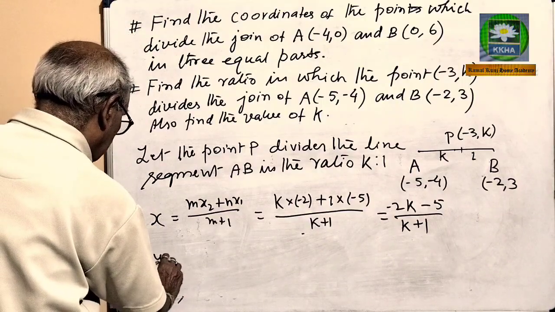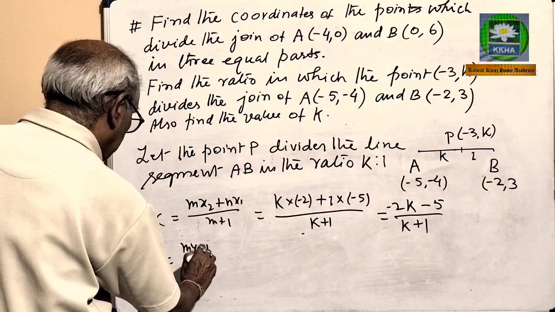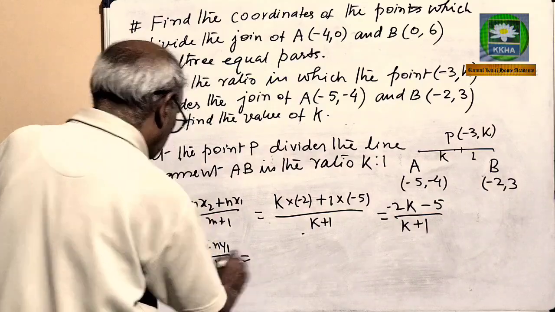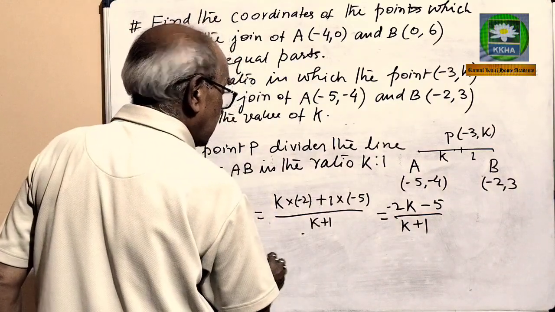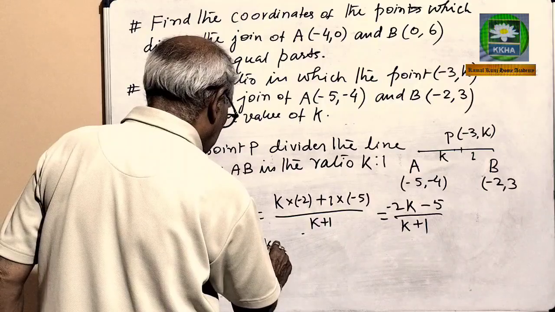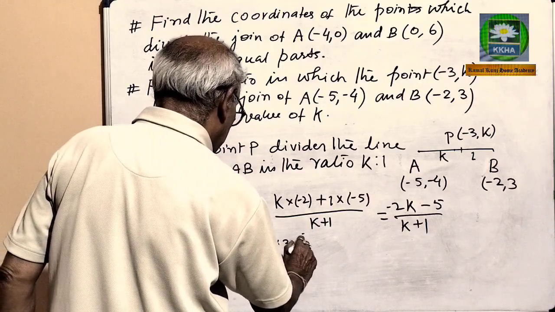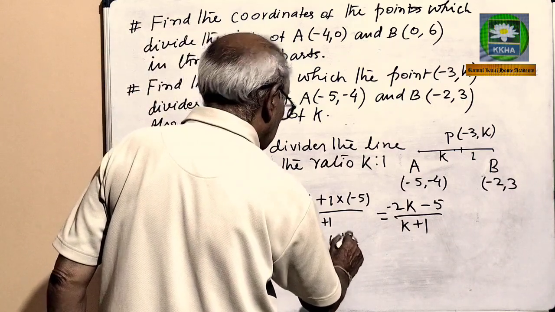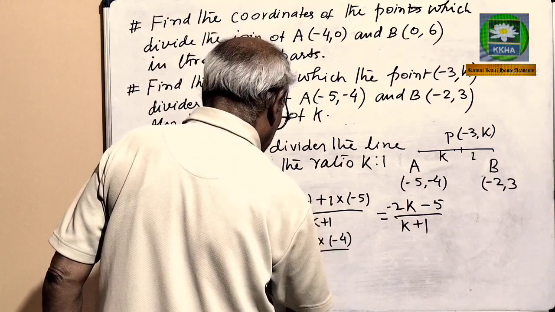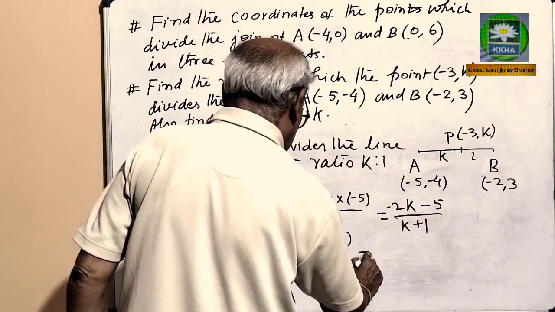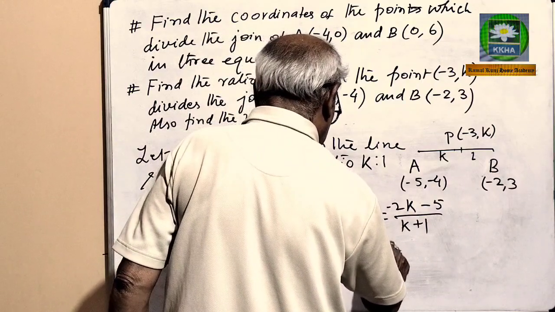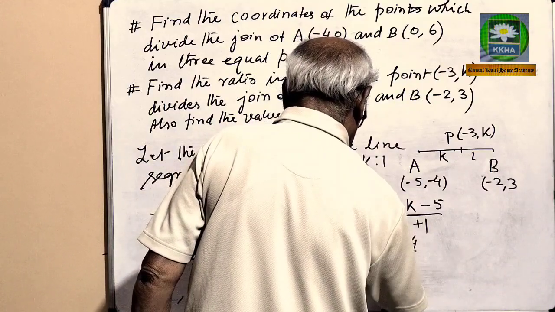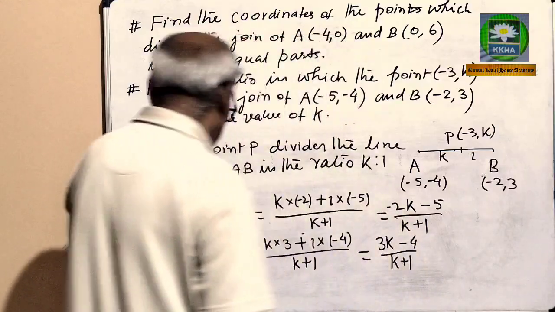And y will be equal to my2 plus ny1 upon m plus n, which is equal to, here y2 is 3, so k into 3 plus n is 1 into y1 is minus 4, upon k plus 1, equal to 3k minus 4 upon k plus 1.